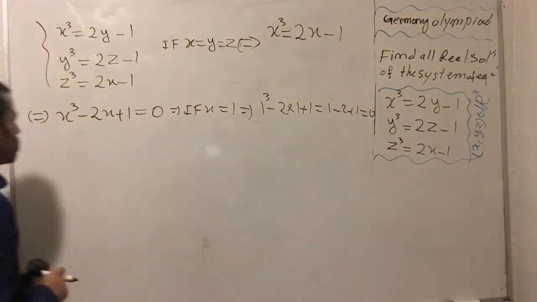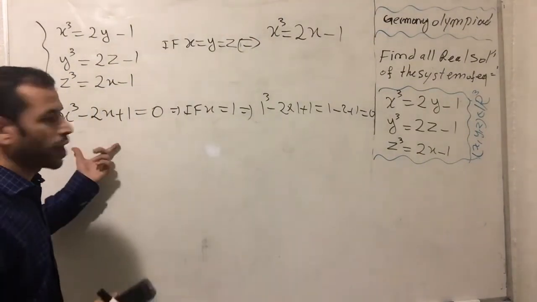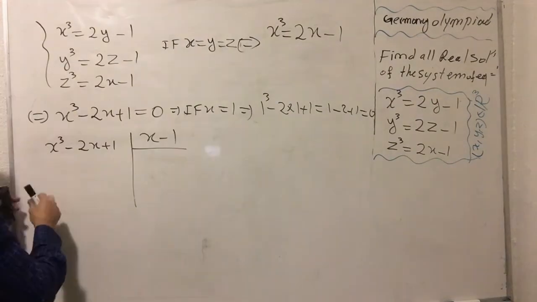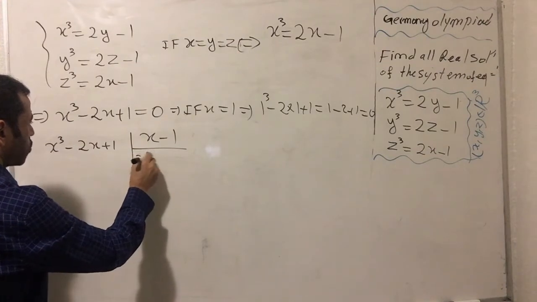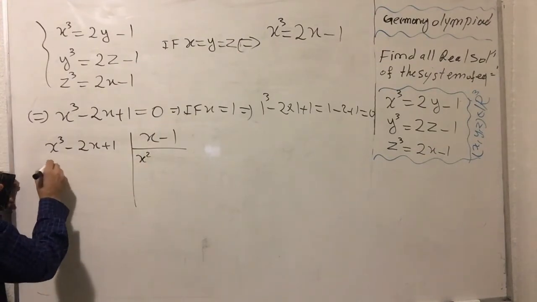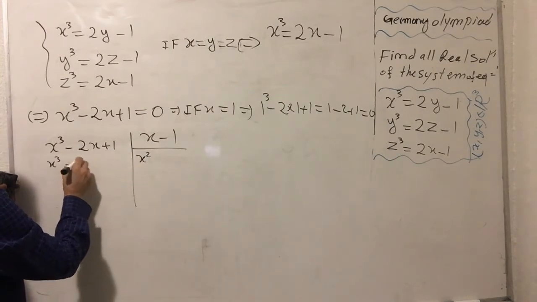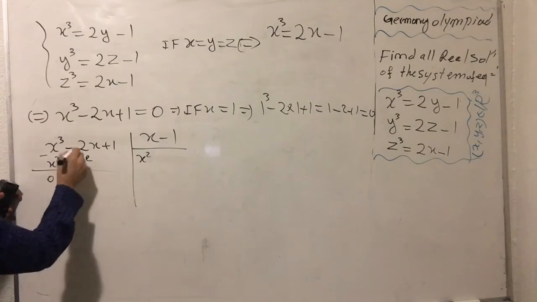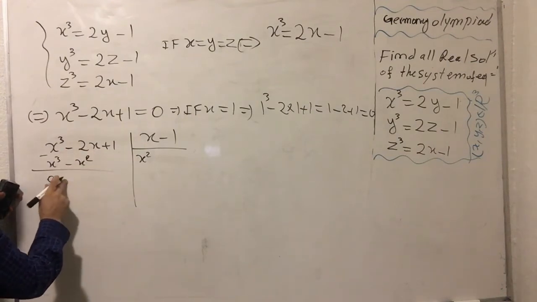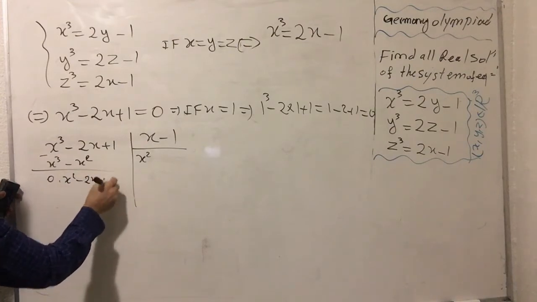So x minus 1 divides this one. x cubed divided by x gives x squared; multiplied by x minus 1, I have x cubed minus x squared. I subtract this, I will have 0, and I will have x squared minus 2x plus 1.